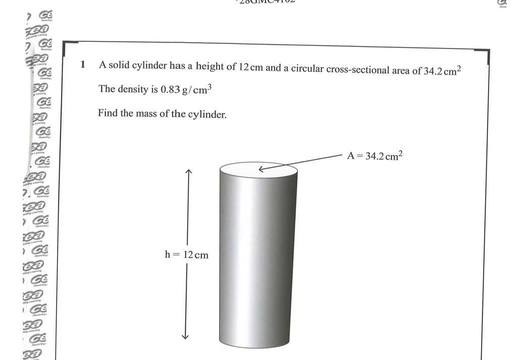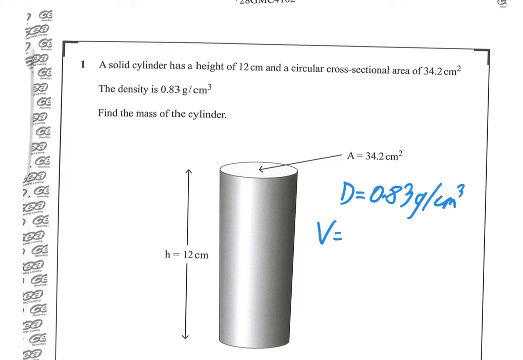It says a solid cylinder has a height of 12 centimeters and a circular cross-section area of 34.2 centimeters squared. The density is 0.83 grams per centimeter cubed. Find the mass of the cylinder. To find the mass, we first have to find the volume.